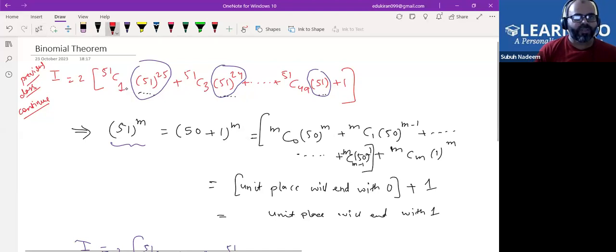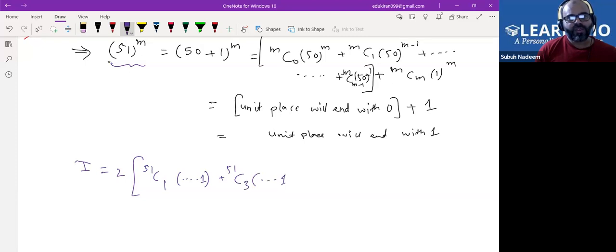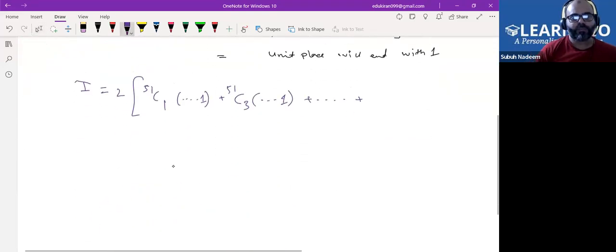It is starting from 1, 3, till 49. So this is 51C1. Then 51C3, the number will end with 1. So whatever the number is, till we come to 51C49, and it is also ending at 1. Plus 1 is there.